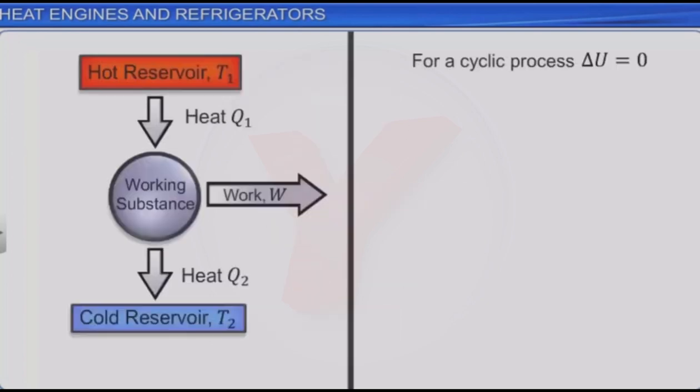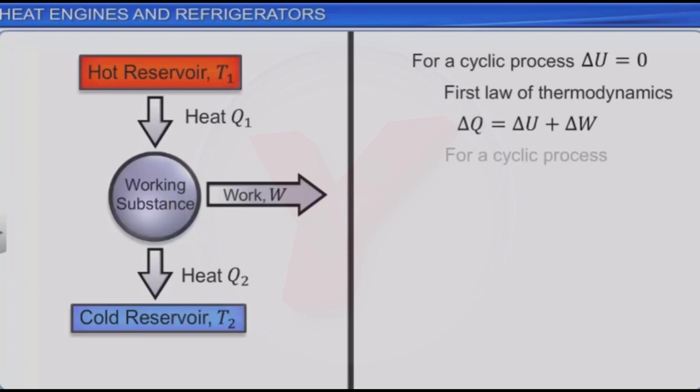But according to the first law of thermodynamics, we have delta Q is equal to delta U plus delta W. Therefore, for a cyclic process, delta Q is equal to delta W. As the heat absorbed and heat rejected by the system are Q1 and Q2 respectively, delta Q is equal to Q1 minus Q2.